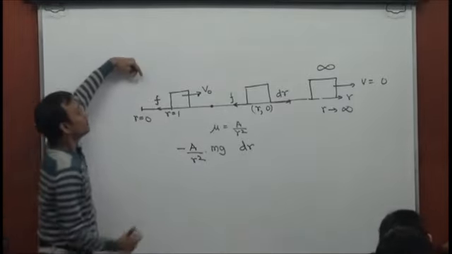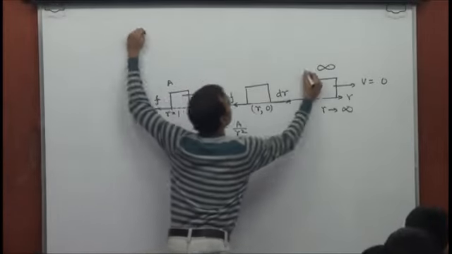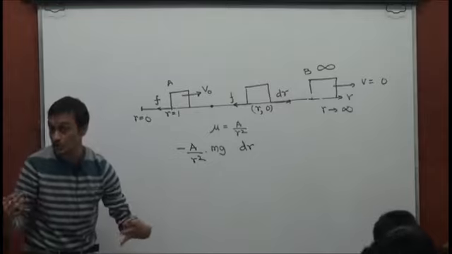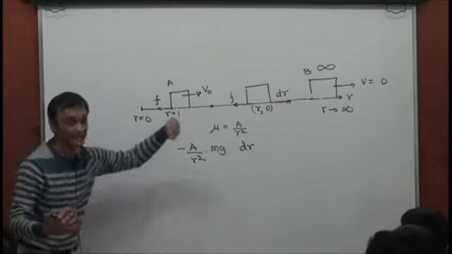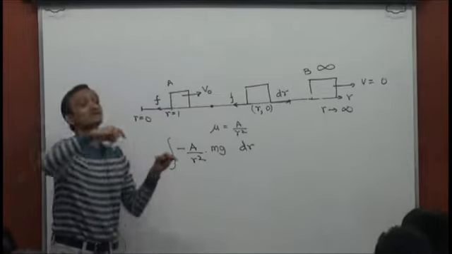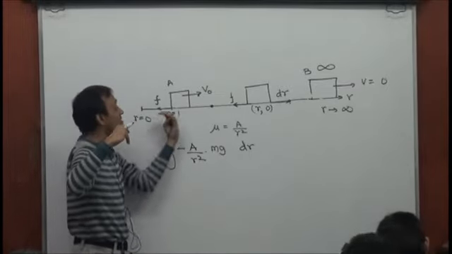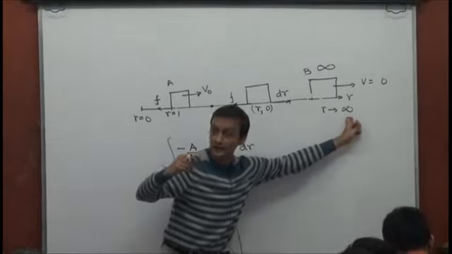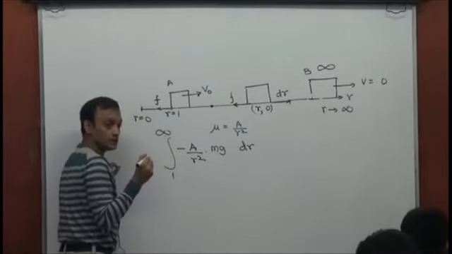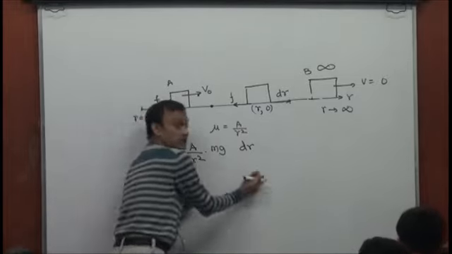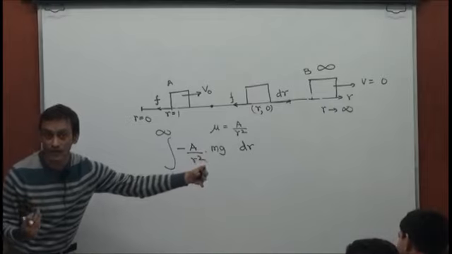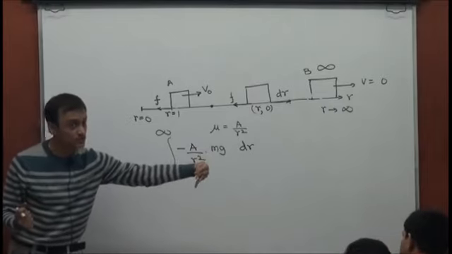Now, between these two states, initial state and final state, the total work done by the frictional force between A and infinity is going to be the sum of all of this, where r starts from 1 and goes to infinity, right? That's the work done by the frictional force between A and B. Are you all on terms with this, right?